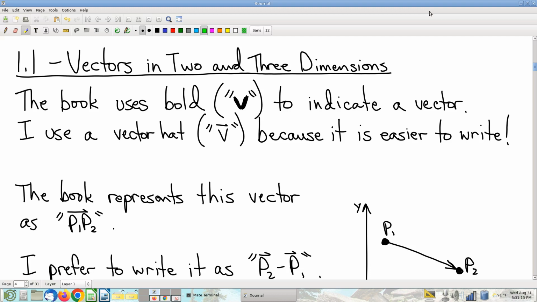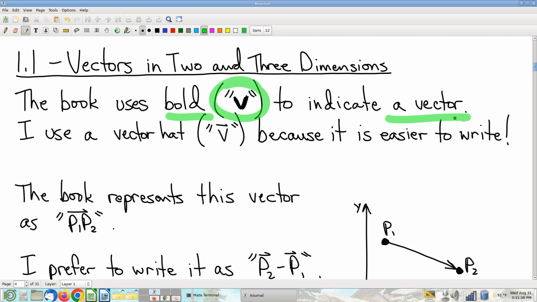So 1.1, there's very little left for me to say. I do like to quibble about the book's notation. They use bold as their supplemental indication that what they're talking about is a vector. That's nice in print. But the problem is, if you're writing with a pen or a pencil, as we are, then bold means you have to sit there and go over it several times.